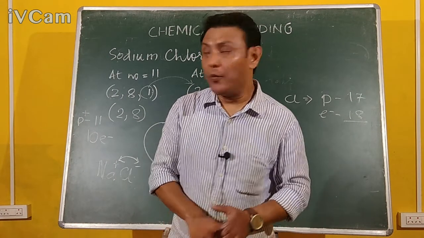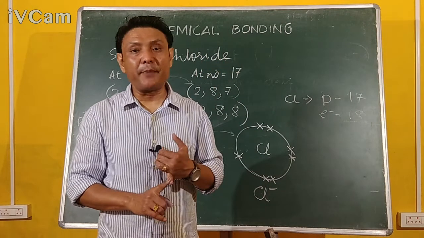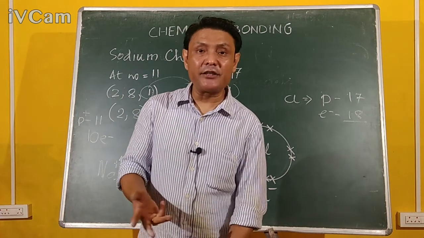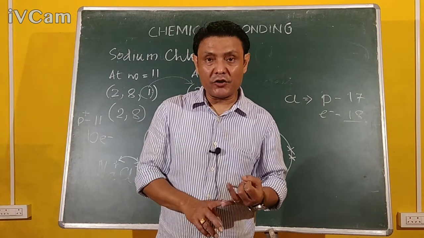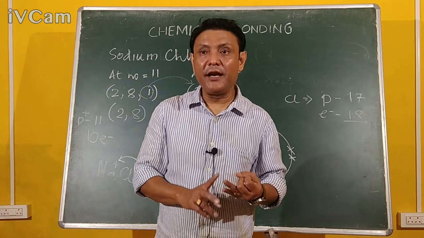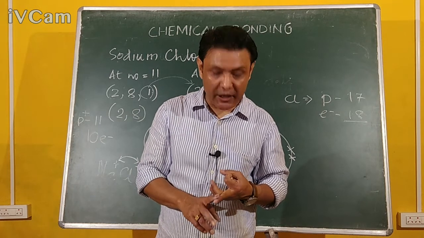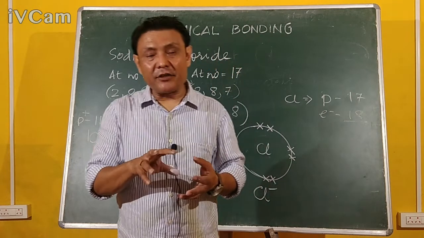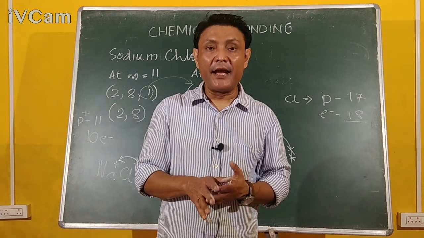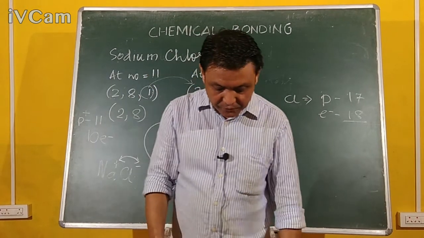So today, we talked about the atom. An atom is the smallest particle of an element that can take part in a chemical reaction. And there are 3 subatomic particles: protons, electrons, and neutrons. Protons are positively charged, electrons are negatively charged, neutrons are neutral, with no charge.